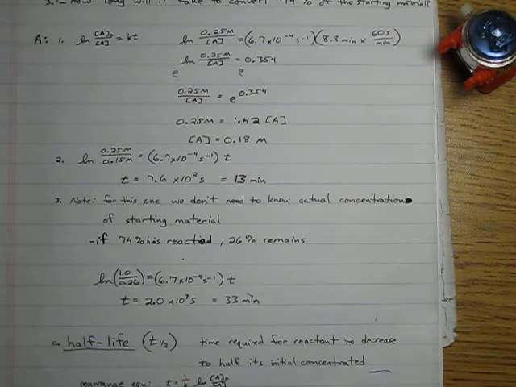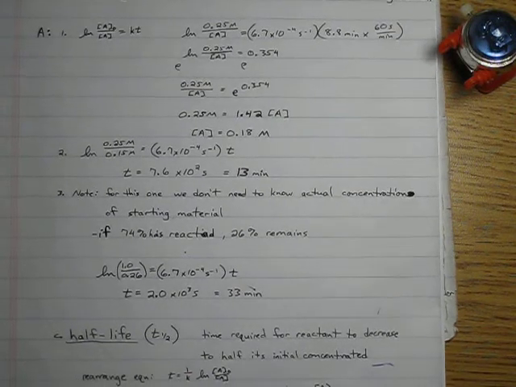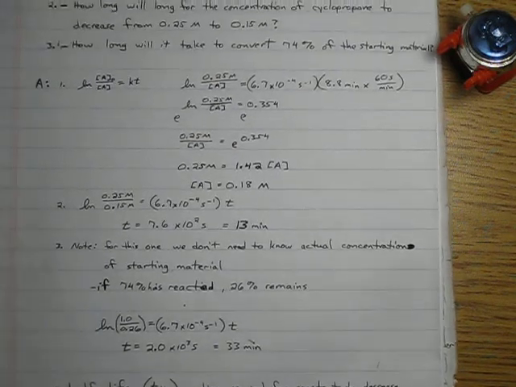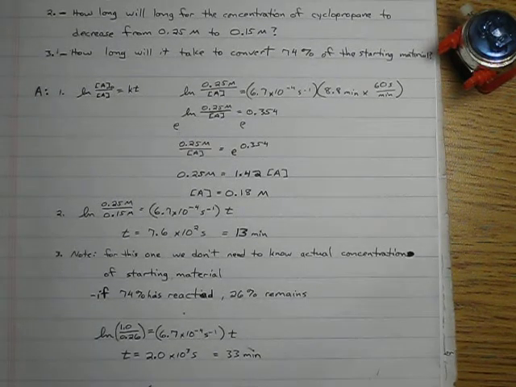All right, so third question, how long will it take to convert 74% of the starting material? Now this is a little bit tricky because we're converting 74% of the starting material, our cyclopropane. The question is, how much is left?